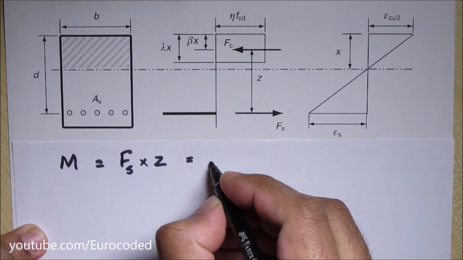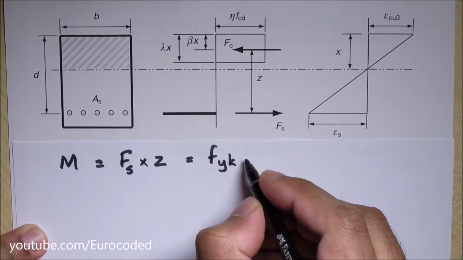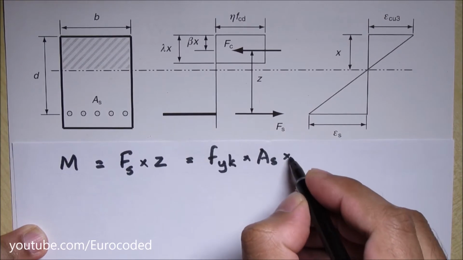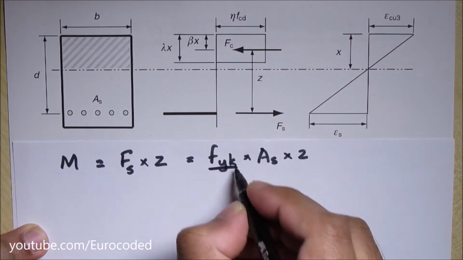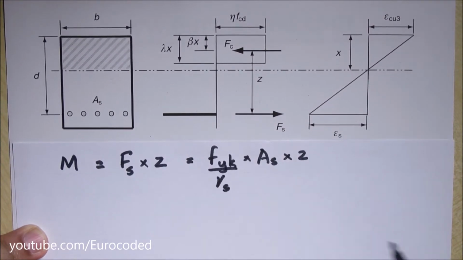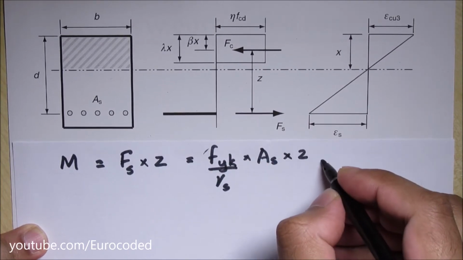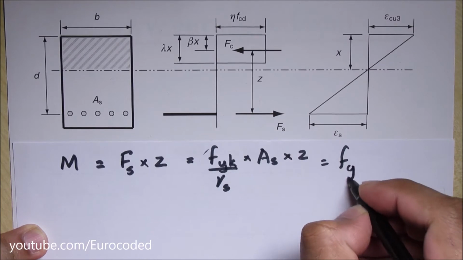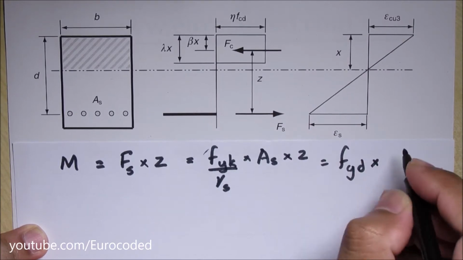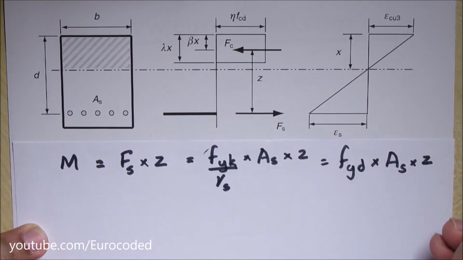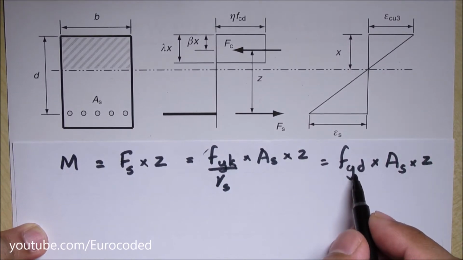We can write Fyk times area of steel times Z over gamma S. This is basically equal to Fyd. So we can write Fyd times As times Z. Fyd is design yield strength of reinforcement.